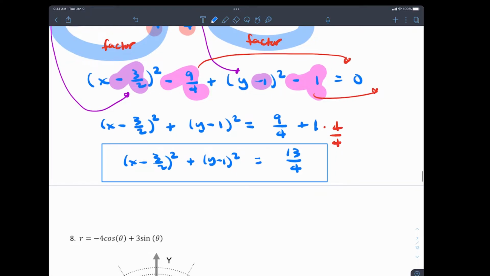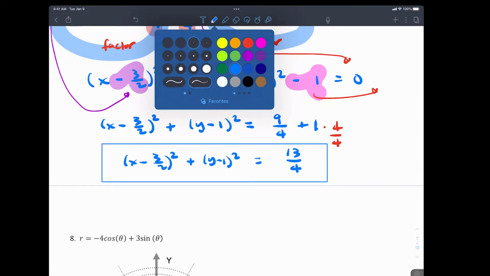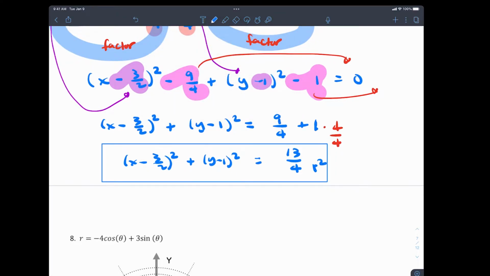The radius, though, if you say, what's my radius? Center is at positive 3/2, 1. I'll put C for center. And then if you say r squared is 13/4, your radius is positive here.